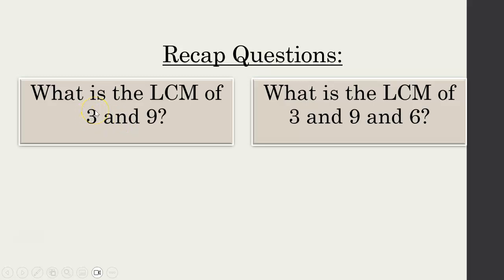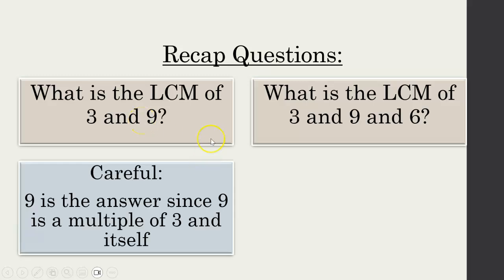I start off with 3, 6, 9, 12, and so on. The multiples of 9 are going to be 9, 18, and so on. So you're starting off with 9. And remember, 3 3s are 9. So the lowest thing they have in common is 9. Okay? So just be careful. You start off with 3. You don't suddenly skip to 6.